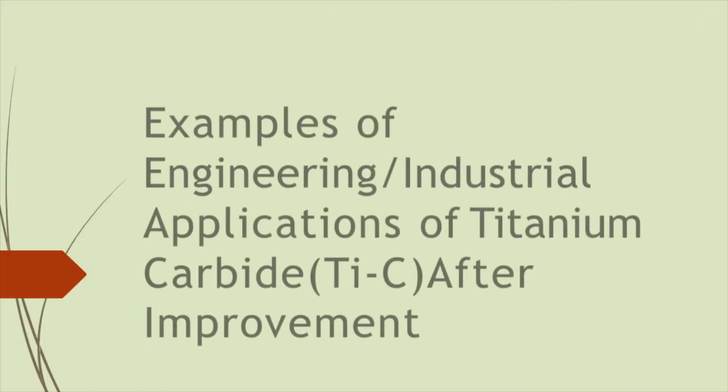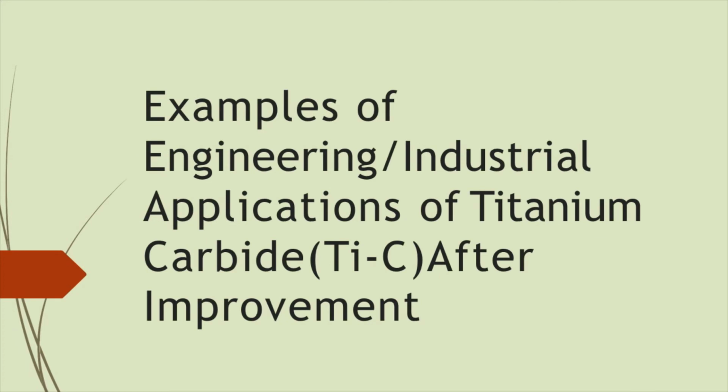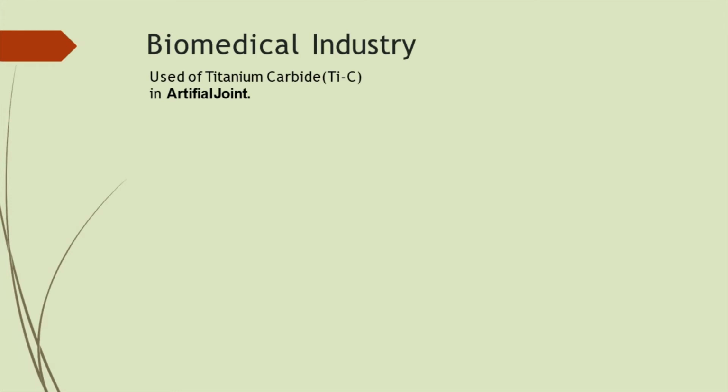Today I would like to explain some examples of engineering or industrial applications of titanium carbide. Firstly, titanium carbide is widely used in the biomedical industry. As an example, the use of titanium carbide in artificial joints. An artificial joint is a metal or plastic part that is surgically implanted to replace a natural joint, possibly the elbow or wrist, but usually the hip or knee.